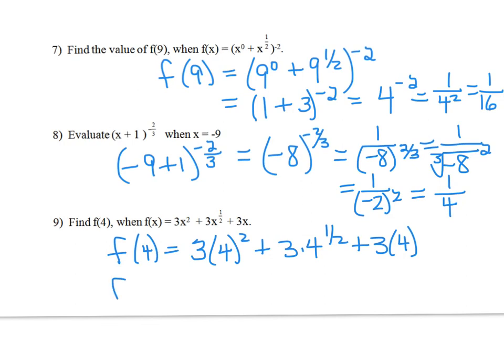Again, thinking about order of operations. So that tells me that I've got 3 multiplied by 4 squared, which is 16. Plus I've got 3 multiplied by 4 to the 1/2, which just means the square root of 4, that's 2. Plus 3 multiplied by 4.